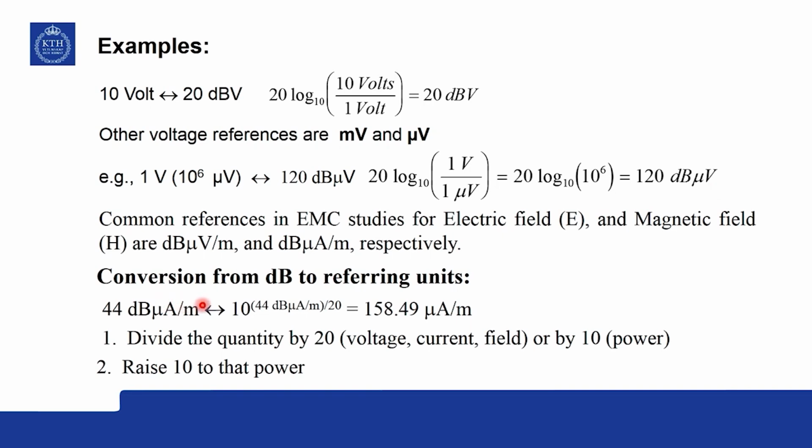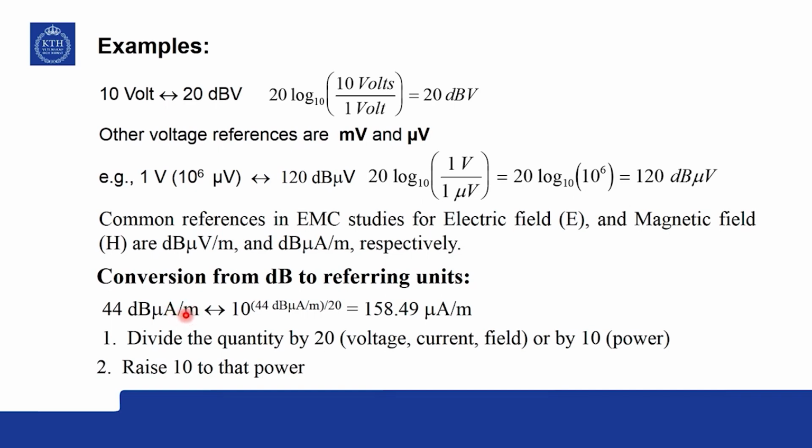Now, we can convert from dB to the referring units, to the opposite. For example, 44 dB microampere per meter. Suppose we want to convert it into microamperes per meter or amperes per meter, let us say. So, how do we do that? So, from this presence of microampere per meter, we know that the base is microampere per meter for the magnetic field intensity.